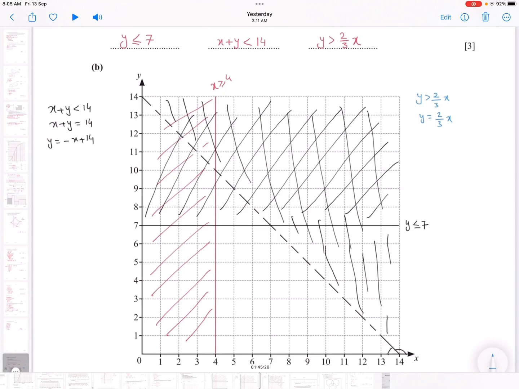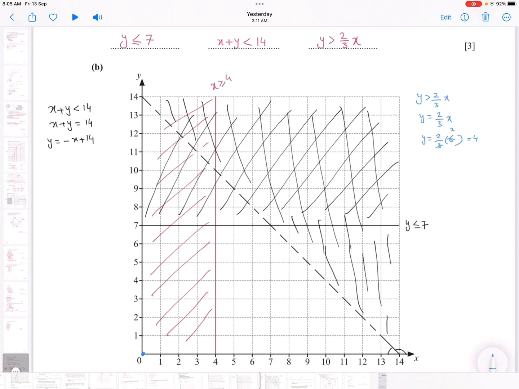Second, you choose any value of x which should be simplified easily with 2 over 3. So I mark with the blue dot, and I choose 6 in x and I simplified it. I got y equals 4. So when x is 6, y is 4.